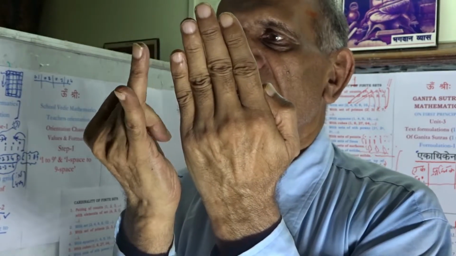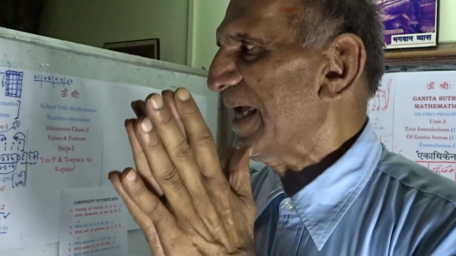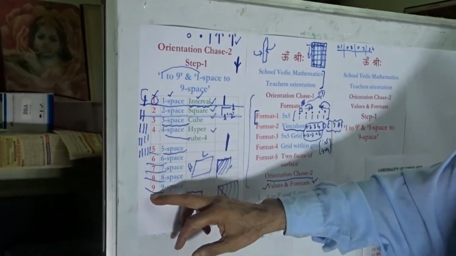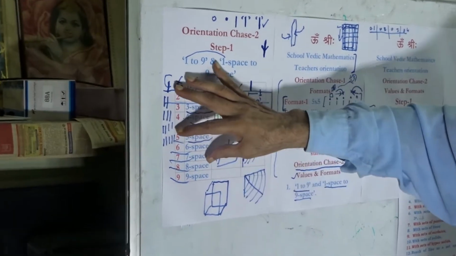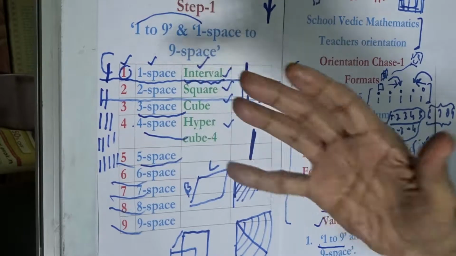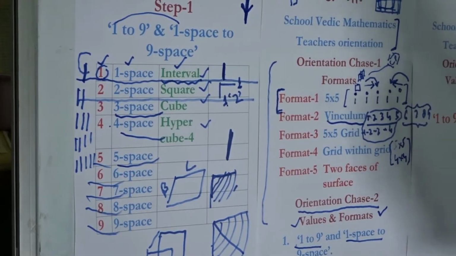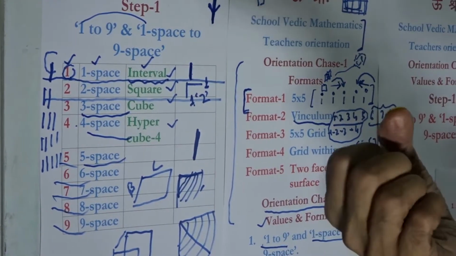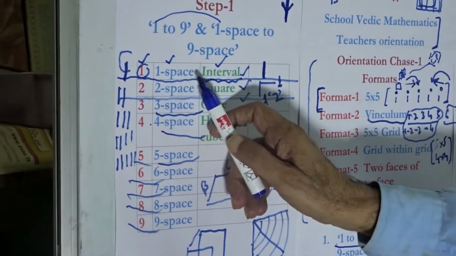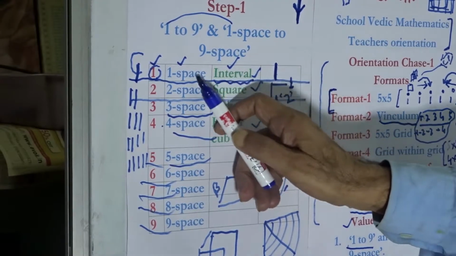This way, 7, 8, and 9. These 9 values, 1 to 9, as 1 to 9 counts, we can help them to have an association with 9 entities. These 9 entities here are being taken initially as the 9 fingers. Thereafter, we can say a 1 and a single finger is like a 1 line and an interval.